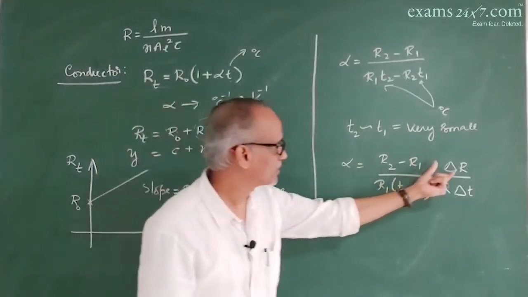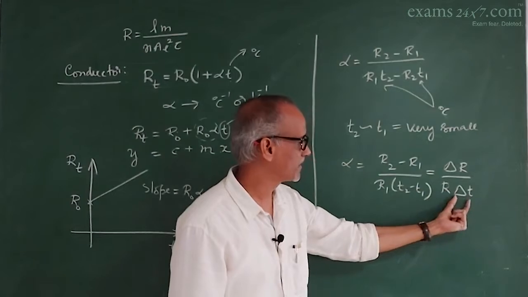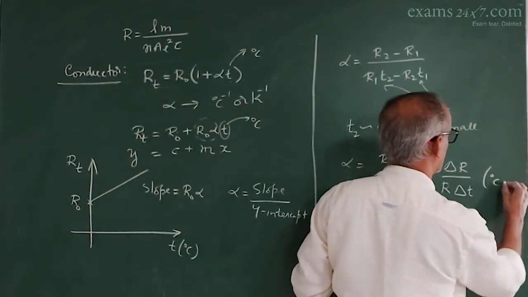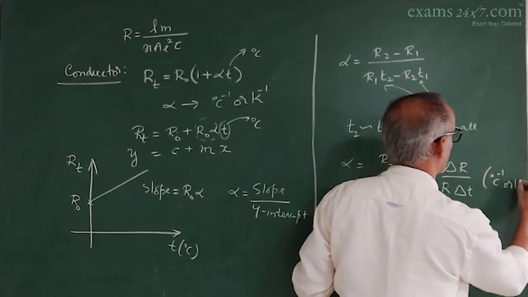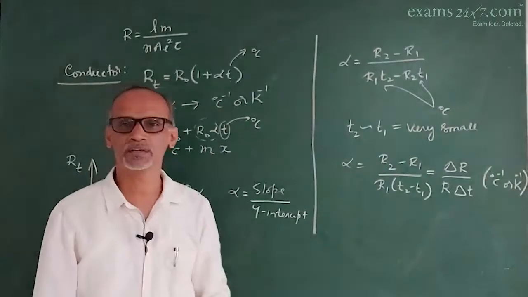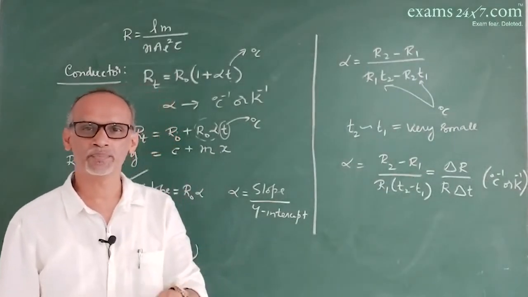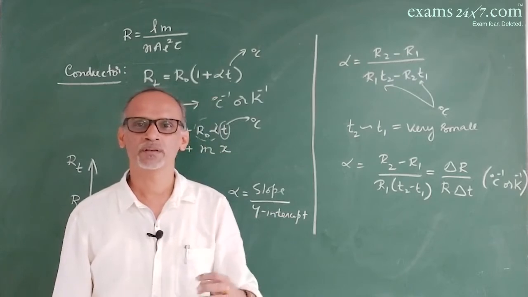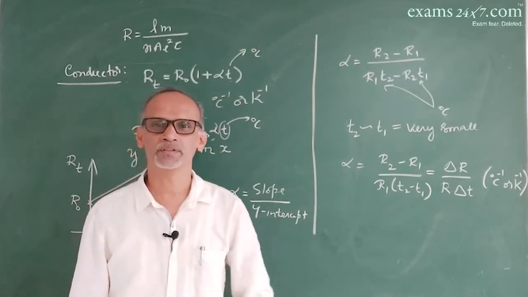Fractional change in resistance per degree centigrade rise in temperature will give you the value of alpha, whose unit is per degree centigrade or per Kelvin, which is called TCR. So the lesser the value of the temperature coefficient of resistance, the smaller is the variation of resistance with temperature.